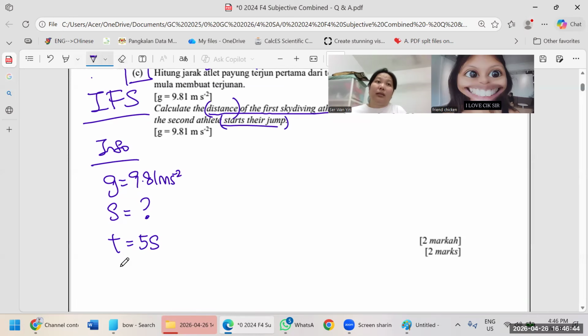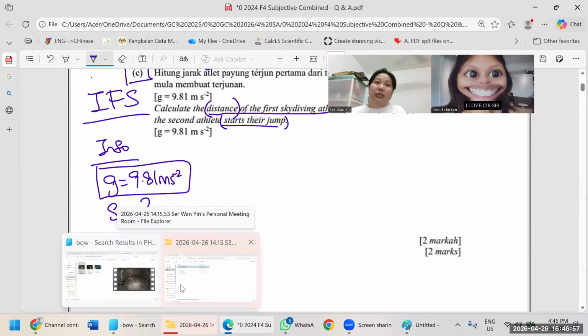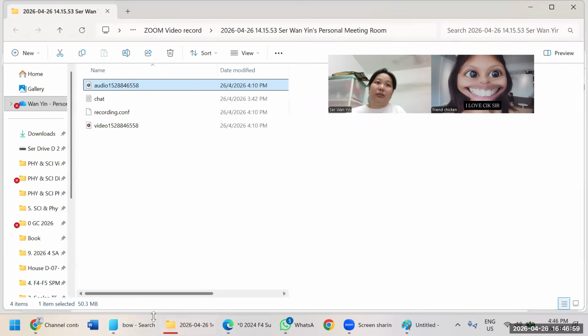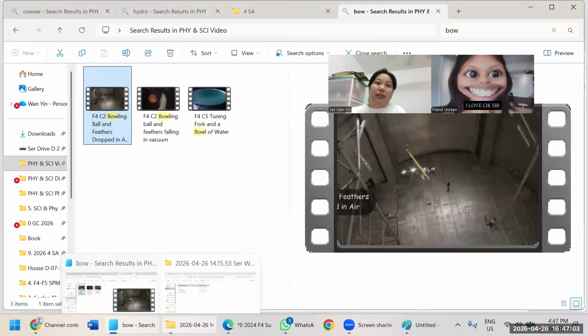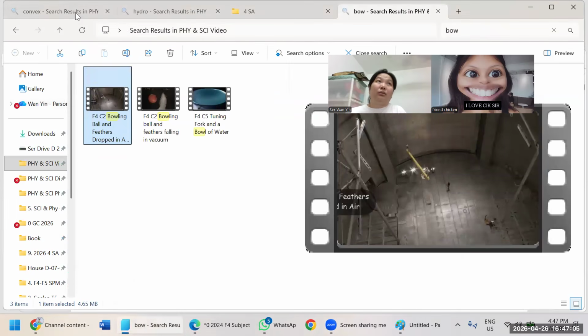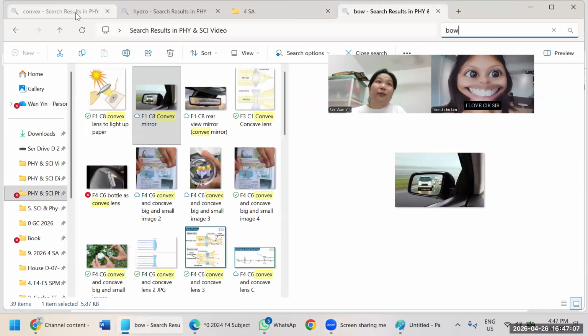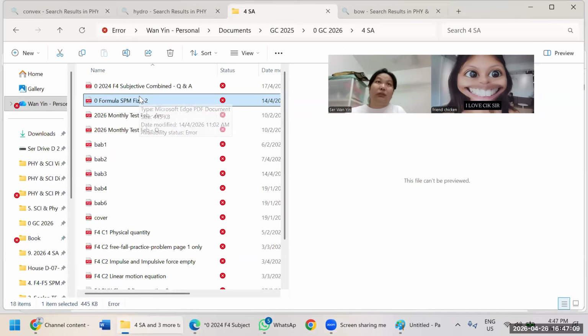Okay, so actually normally there are two hidden pieces of info. One is g. Another one is u equals 0. Then what to do? I believe all of you have the formula already.